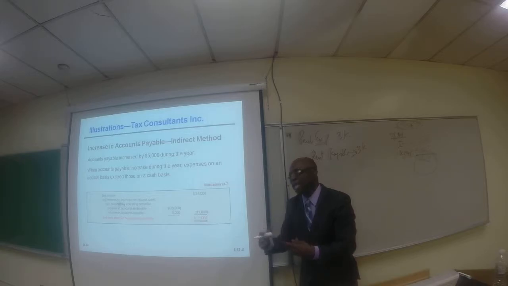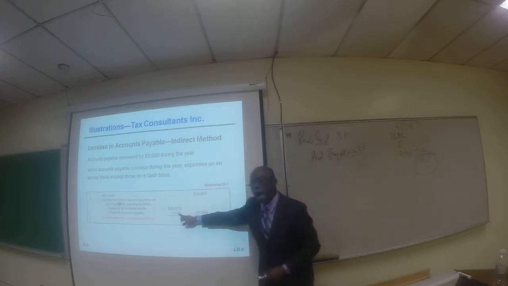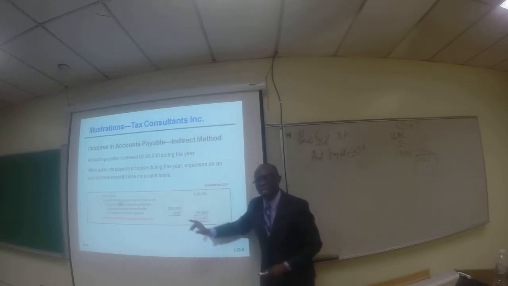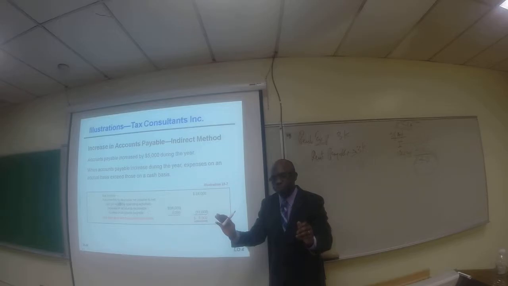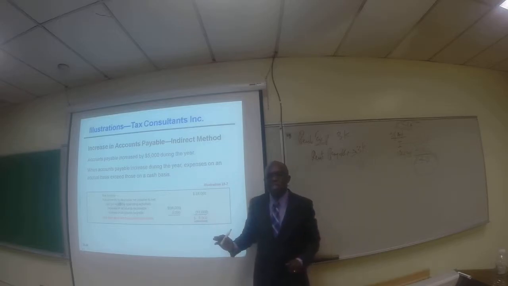Therefore, to make that adjustment, we need to add the increase in accounts payable. I know it is very likely that you are listening to this, you are going to be rolling your eyes and say, what is that? That is how it should be.